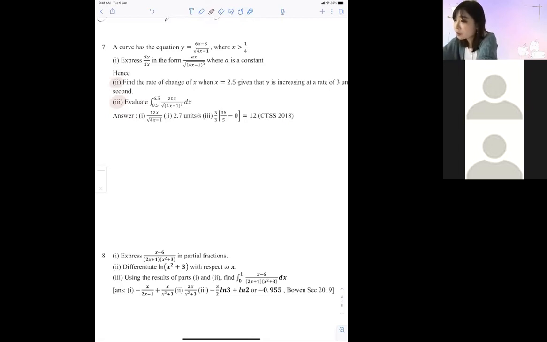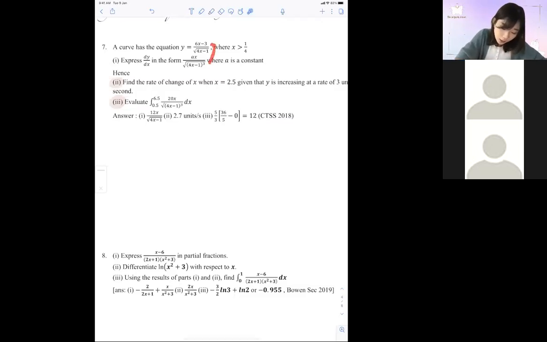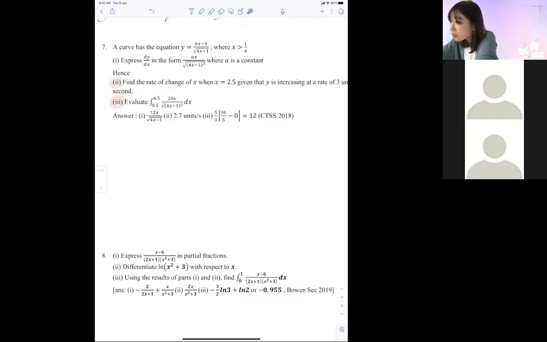Dylan, try question 7. Same thing, differentiate, and then try to do part 2 and part 3. I will do question 8 when you are done.